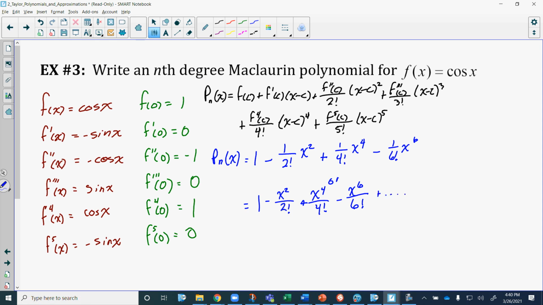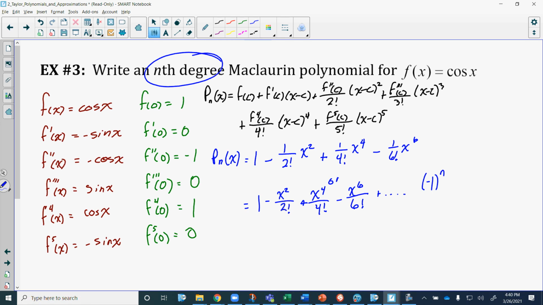And we can use that to kind of help us develop a pattern. And that's what we're asked to do. We're asked to write an nth degree, not a sixth degree or a fifth degree or anything like that. So in this case, we do have something alternating. So I'm going to say negative 1 to the power of n. So that gives me my alternating signs.